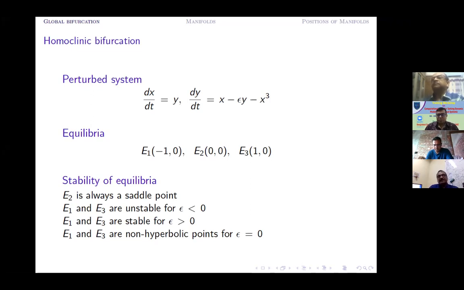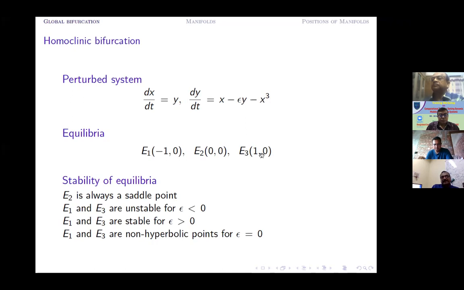So we have dx/dt equal to y and dy/dt equal to x minus epsilon y minus x cubed. In this case, try to understand that this is a system of two coupled nonlinear ordinary differential equations, and the coupling is through the only linear term, minus epsilon y. This is the main coupling term between these two equations. If you find the equilibrium points for this system, you get three equilibrium points.